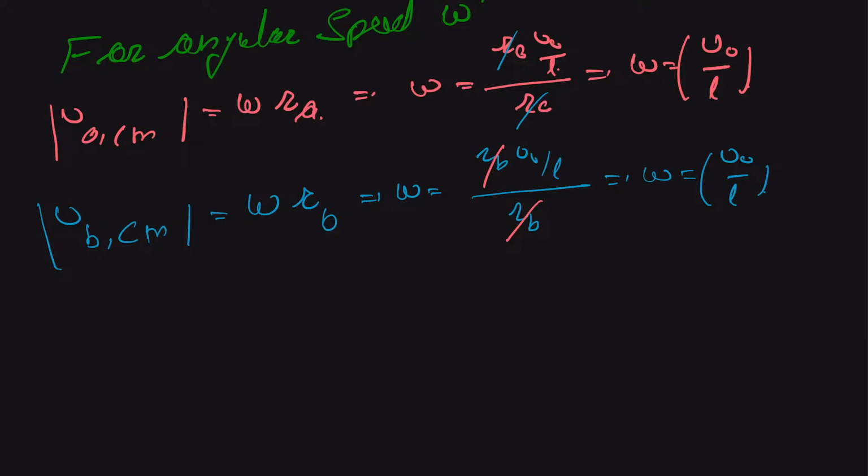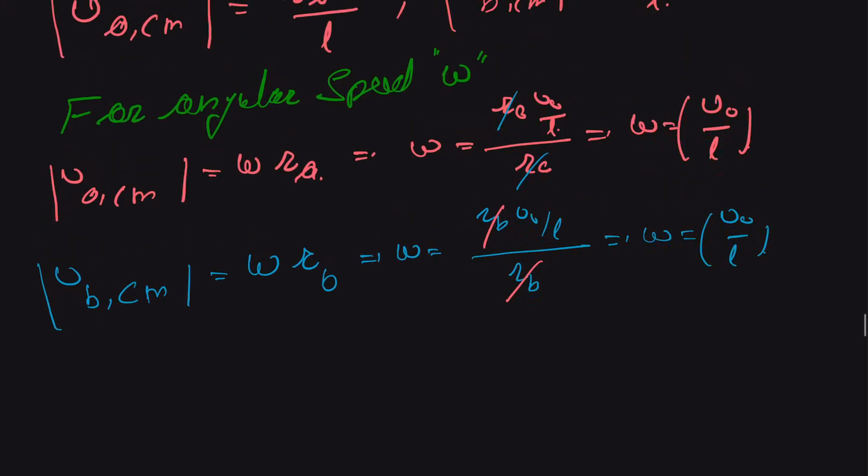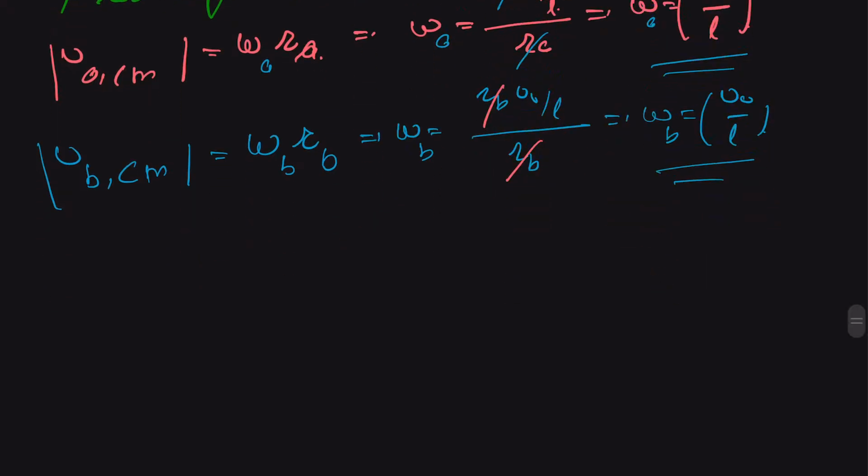In order to differentiate, suppose for A it is omega A and for B it is omega B, just to make it clear. But from here we can say that omega A is equal to omega B, which is our omega. So both are rotating with the same consistent value of omega.